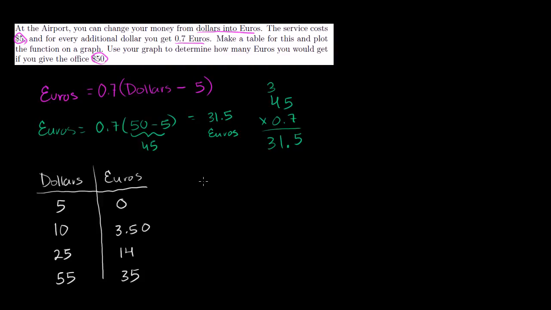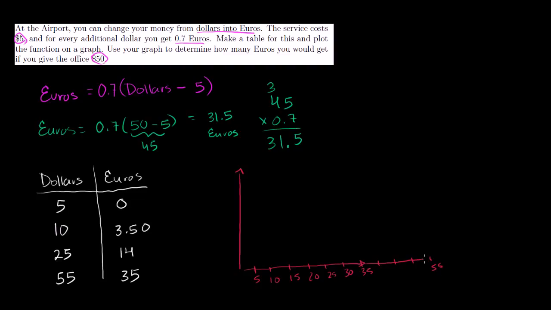So let's plot this. And all of these values are positive, so I only have to draw the first quadrant here. And so the dollars, let's go in increments of 5, 10, 15, 20, 25, 30, 35, 40, 45, 50, 55.